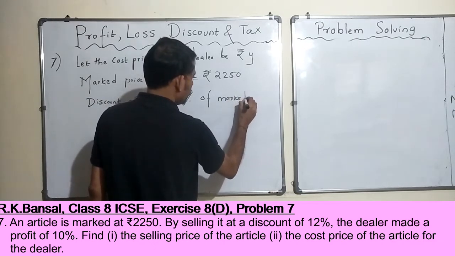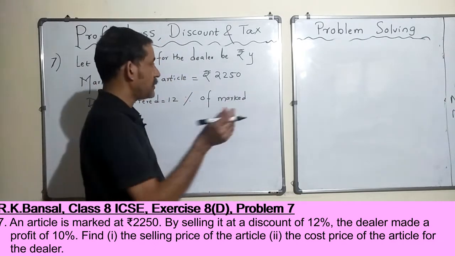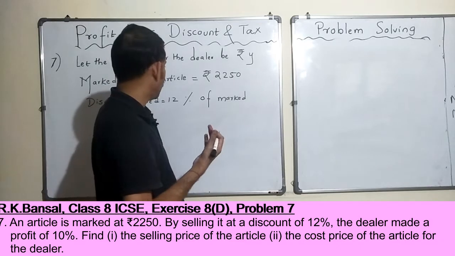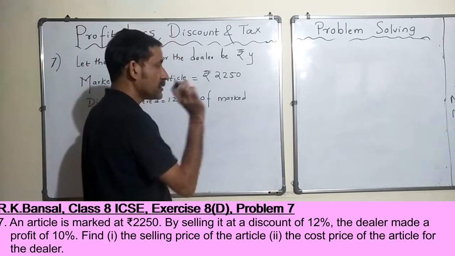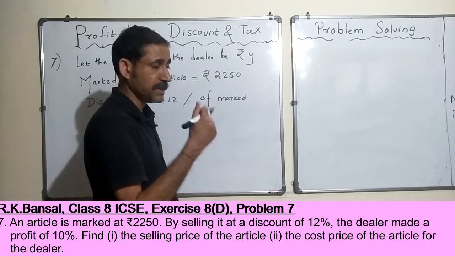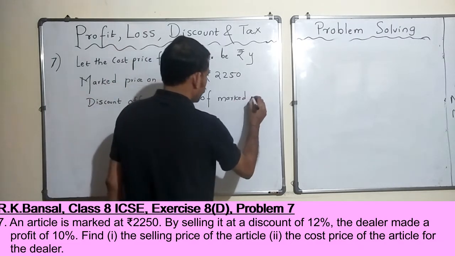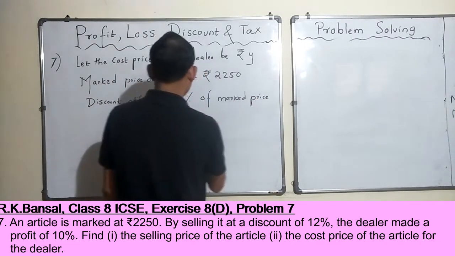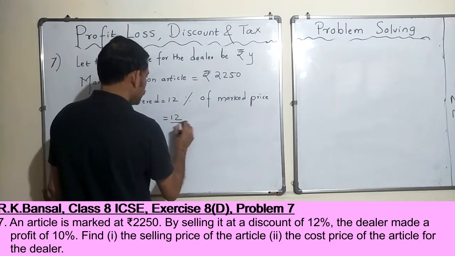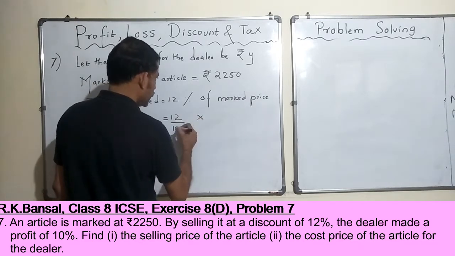So typically you will put a label saying that it is 2250 and you will give 12% discount on that price, because that is the only price which the customer knows, he can see it. So on that you offer the discount, right? So 12% of 2250 becomes multiplied.